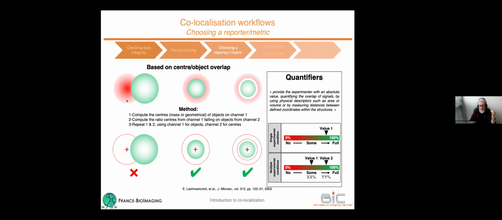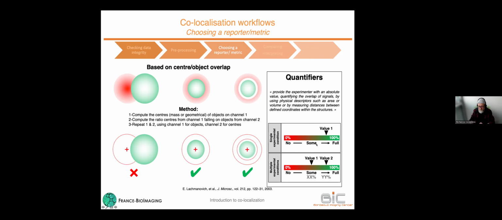Then you would apply a criterion saying, I consider that two objects are colocalizing if the center of one object falls onto the other object. So in this specific situation, you don't have colocalization. In that one, the two objects are overlapping, plus the center of the red object falls onto the green object, so you would count this as one event of colocalization.